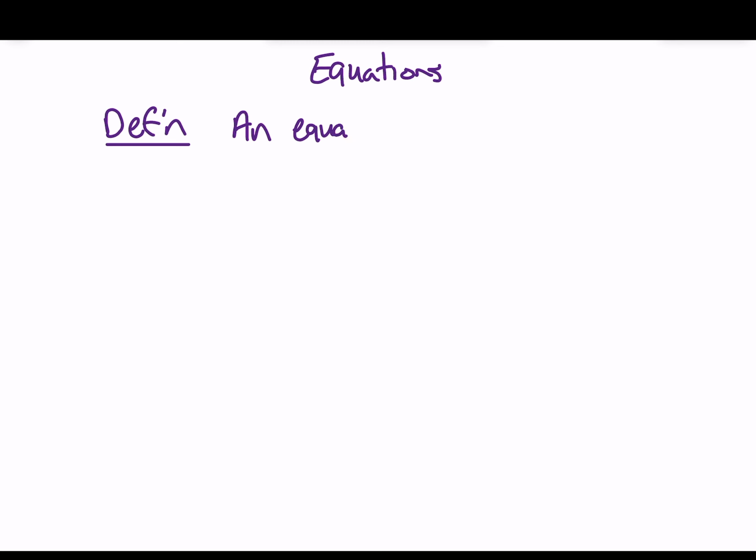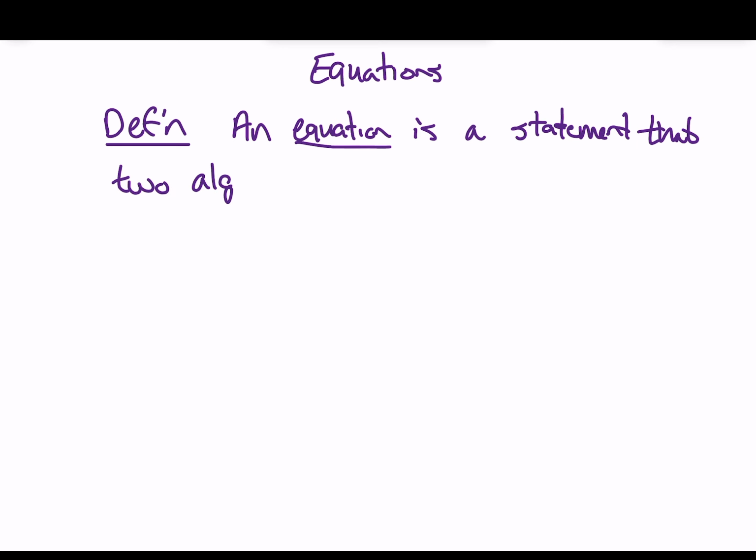An equation is a statement that two algebraic expressions are equal. You will always see the equal sign in an equation. So if it doesn't have an equal sign, it's not an equation.